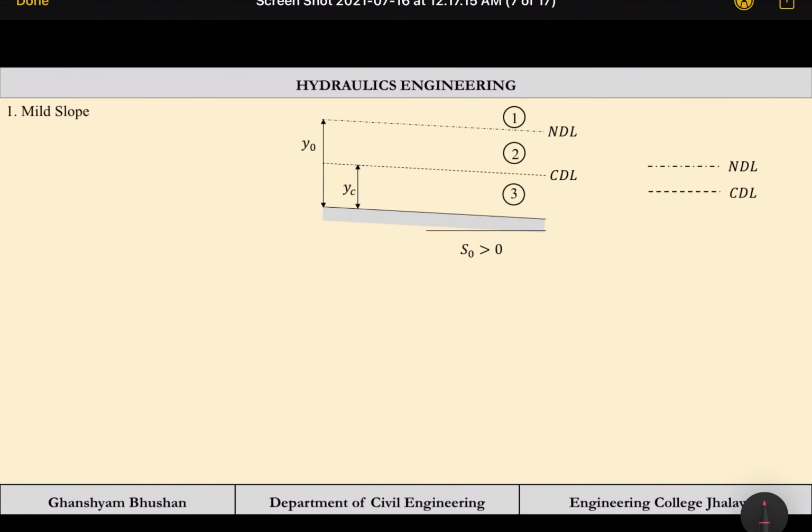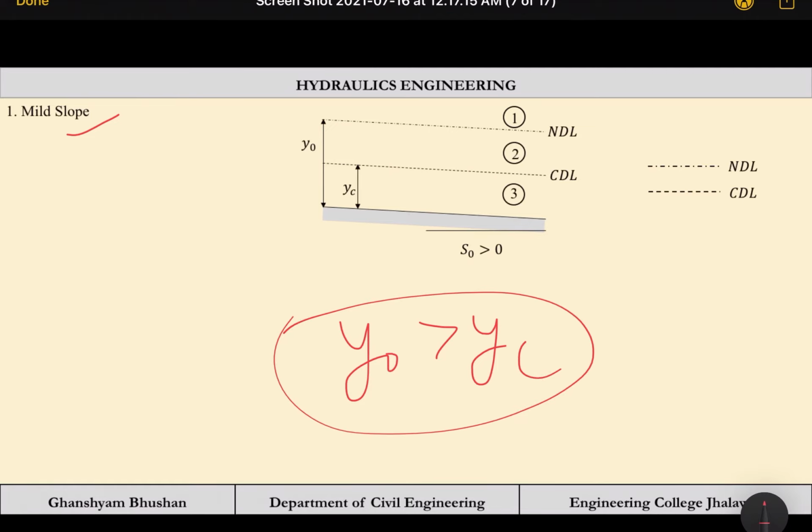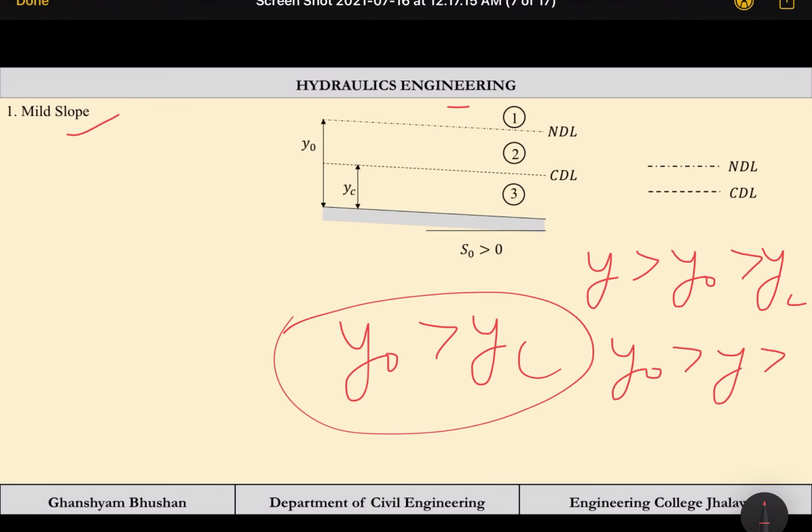Now let us see how the mild slope will look. The condition was y0 greater than yc. In region 1, what is the condition? y is greater than y0 greater than yc. In region 2, y will be in between y0 and yc, and for region 3, y is below yc and y0.